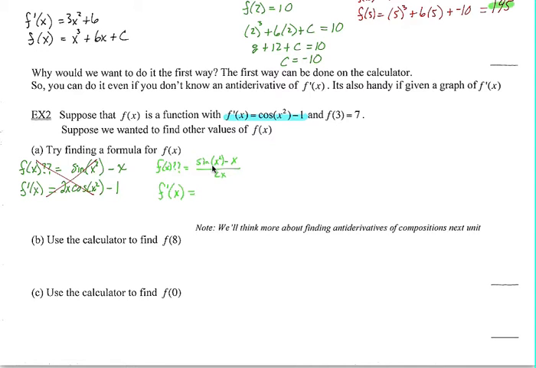That's not going to give us what we're looking for. If you want to try that out, it gets quite complicated, but because of the quotient rule, it doesn't get anywhere close to what we want. So at this point, hopefully you see that we're not having much luck finding the antiderivative.